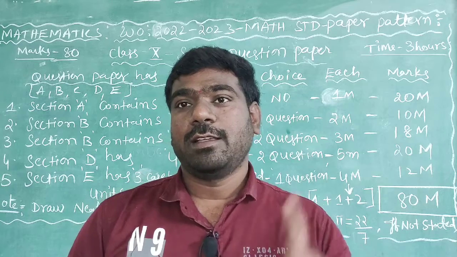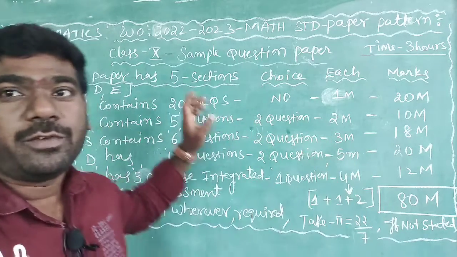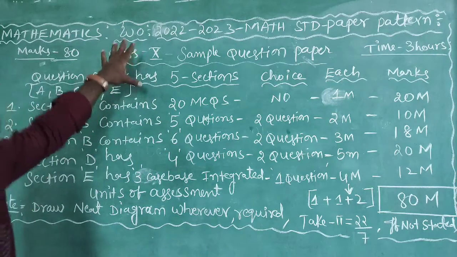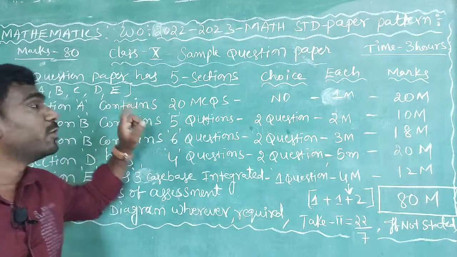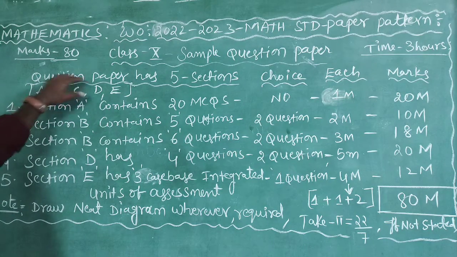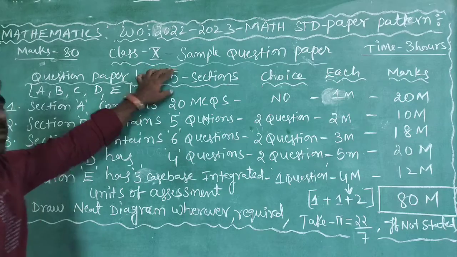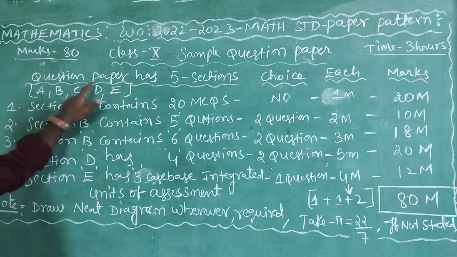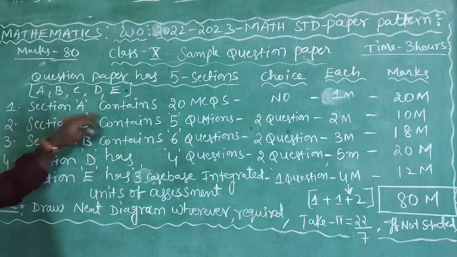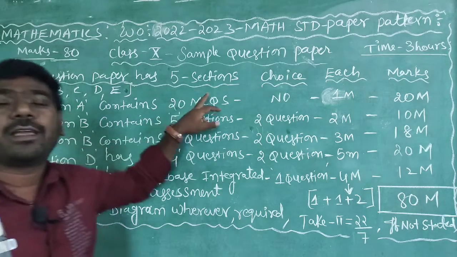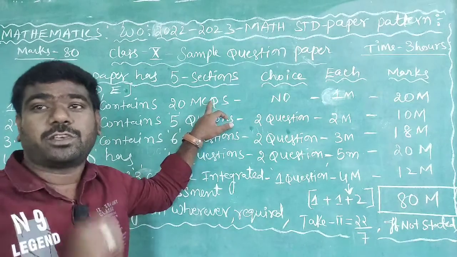Once see on the board, I have written the pattern very perfectly and thoroughly. In total we have 5 sections: A, B, C, D, E. First, section A contains 20 MCQs.